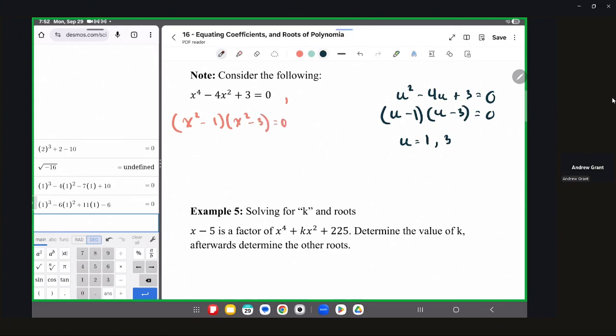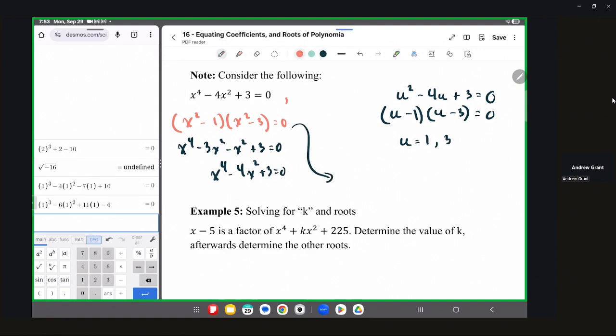Does this still end up working out? Well, if we were to FOIL this out, x squared times x squared is x to the power of 4. x squared times negative 3 is negative 3x squared. Negative 1 times x squared is negative x squared. Negative 1 times negative 3 is positive 3, which is equal to 0. And so we can see, oh, this does work. So we'd have x to the power of 4 minus 4x squared plus 3 is equal to 0.